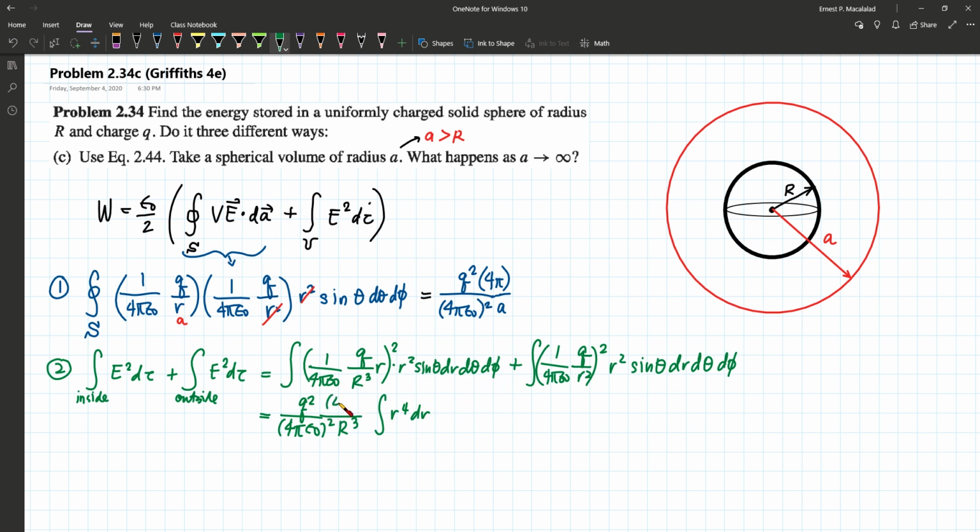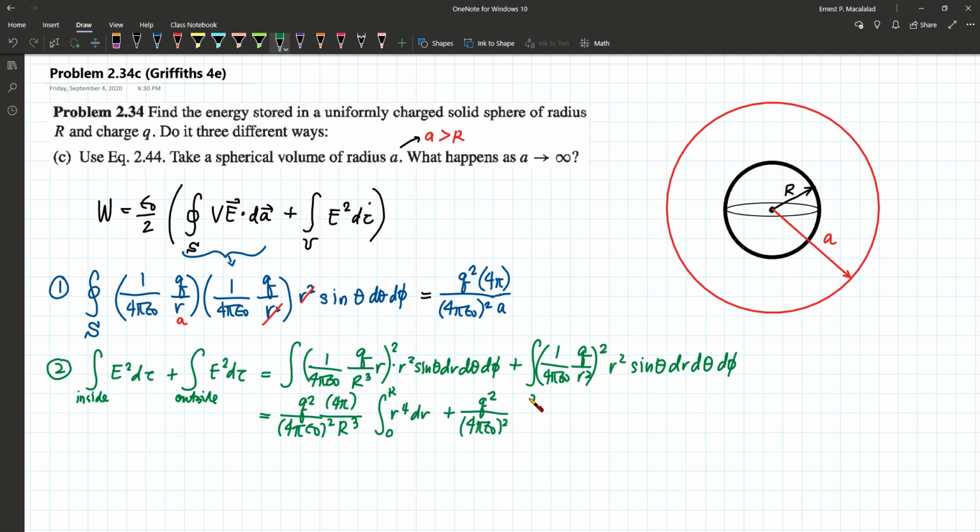So this is 4 pi. And then this integral will be evaluated because this is inside. So this is r, r. Then plus this one. So this becomes q squared over 4 pi epsilon naught squared.